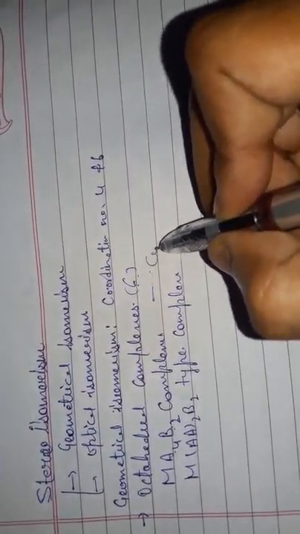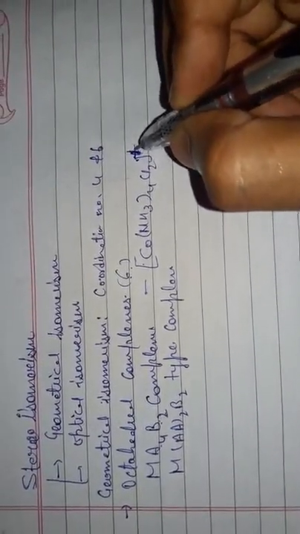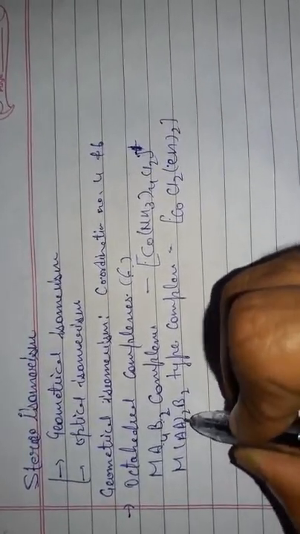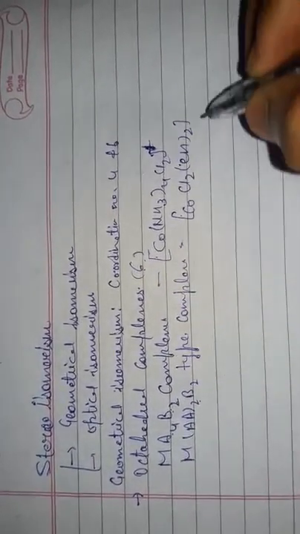You can easily relate this complex with this example, where the positive sign arises. And the second one is cobalt Cl2 and en twice. Here AA stands for a bidentate ligand, and twice stands for two ligands. So draw this complex structure.